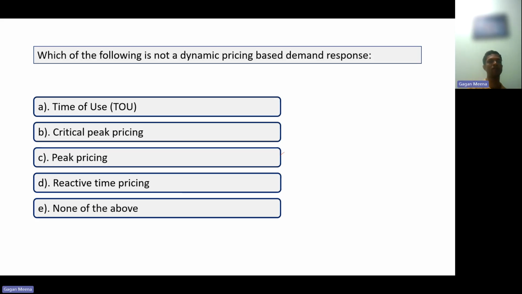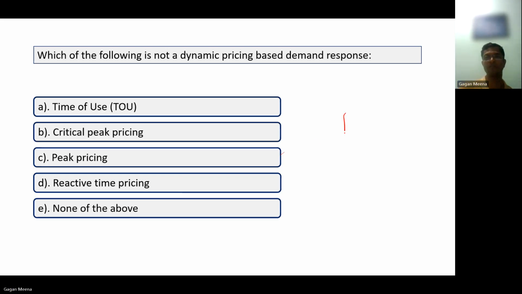Which of the following is not dynamic pricing based demand response? We have already seen this. Time of use is there because of the difference between price during peak hours and off-peak hours.